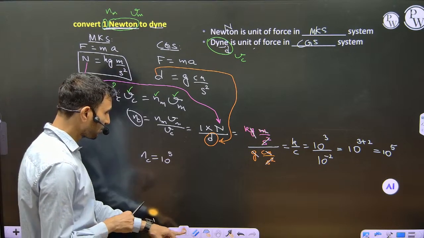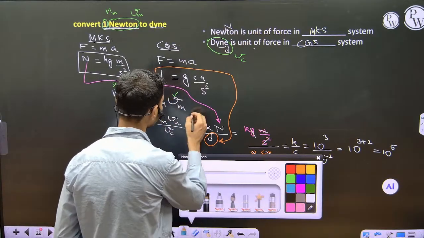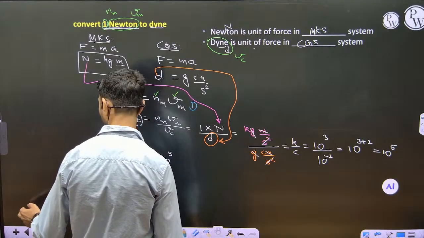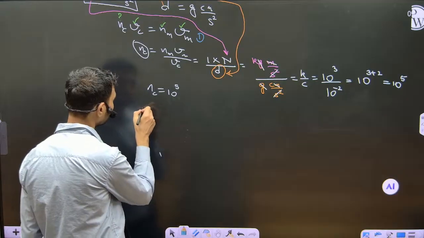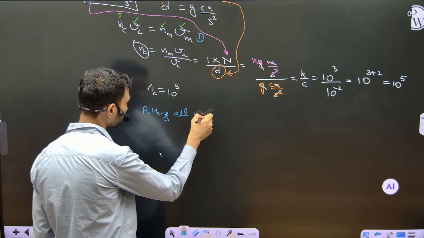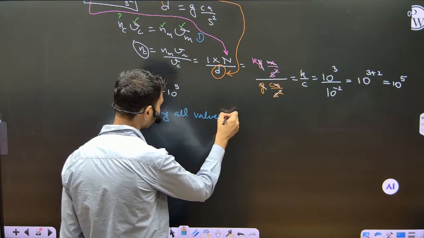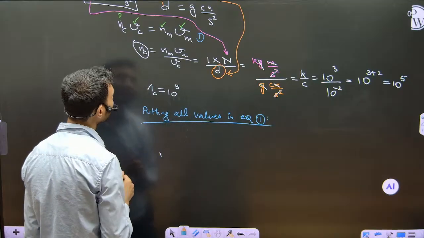So if you put all the numbers here, let's call this equation number 1, putting all values in equation number 1, what do we get?